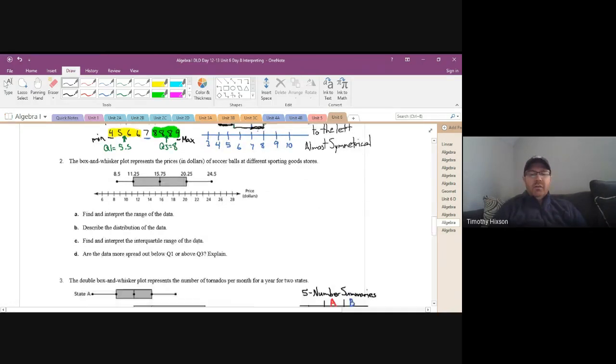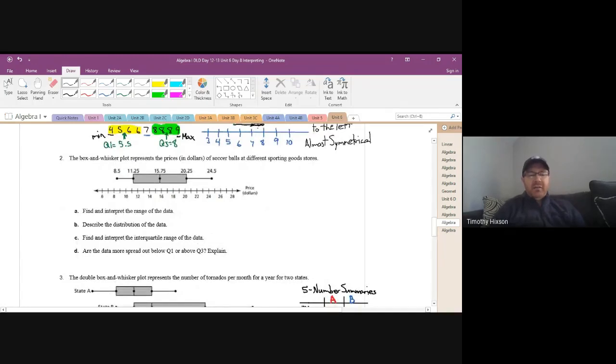Now, another way we can use this, if we already have the box and whisker plot: if we were to find the range of the data, we're talking about the prices in dollars of soccer balls at different sporting goods stores. So the cheapest ball that we got was $8.50.